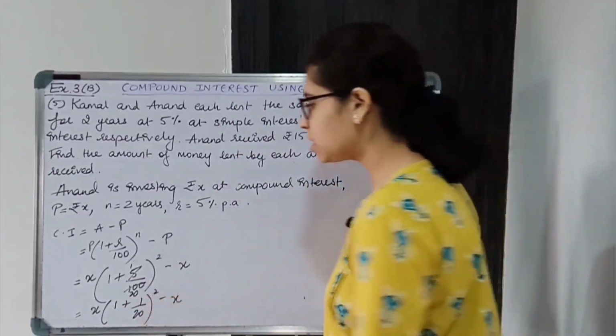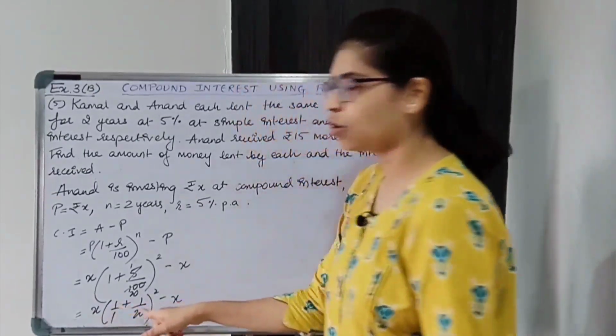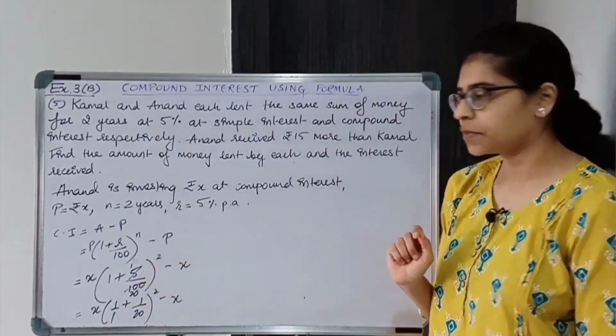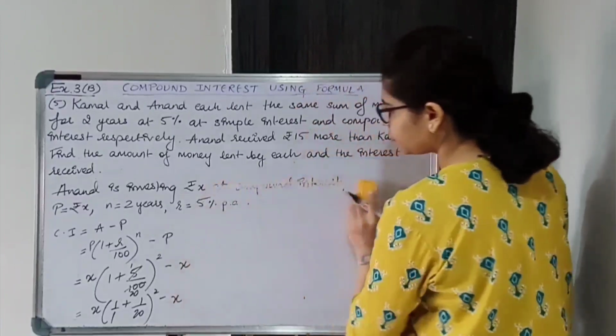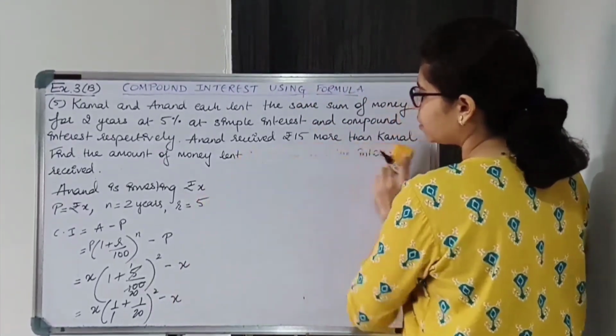Now over here we'll solve the bracket first, equalize the denominators, that is take the LCM.